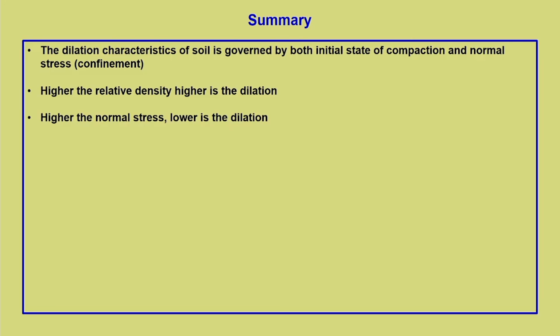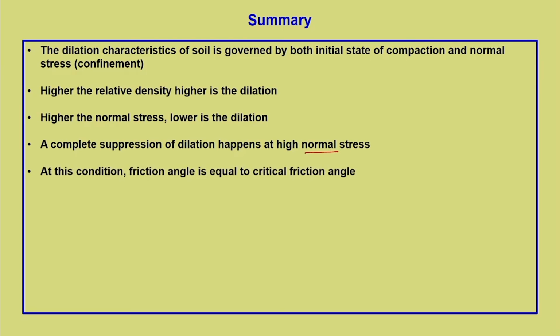Higher the normal stress, lower is the dilation, because there is a kind of suppression that happens. A complete suppression of dilation happens at high normal stress. At this condition, friction angle is equal to critical friction angle. Peak shear strength tau peak is only applicable for dilating soil.